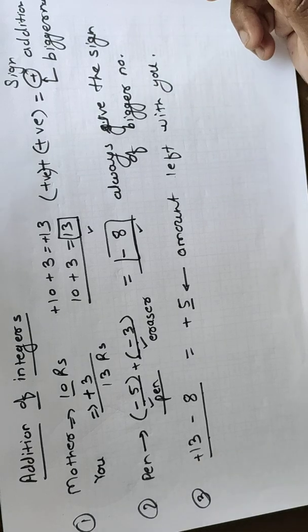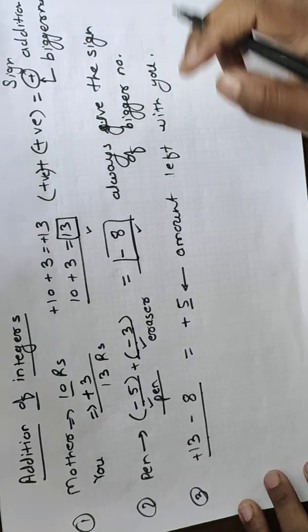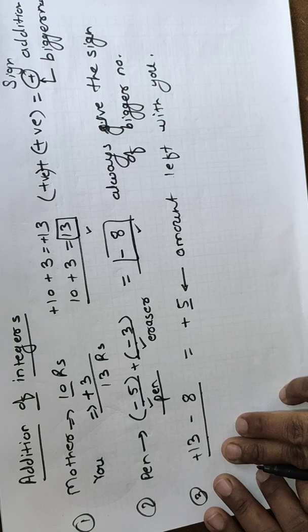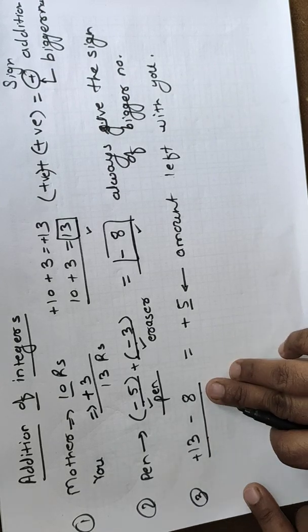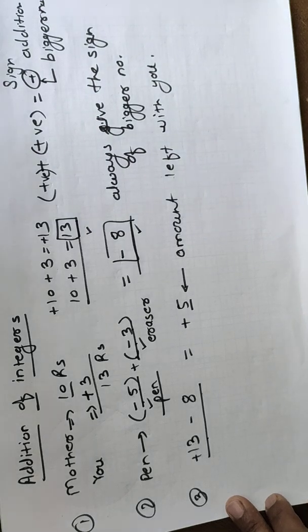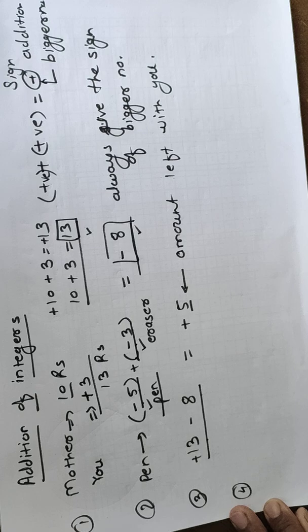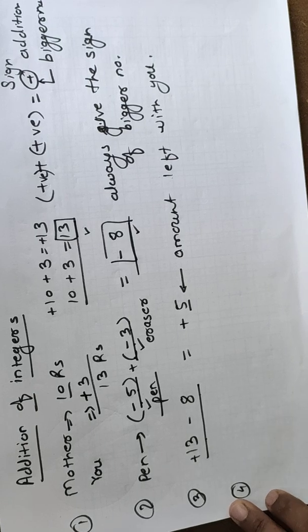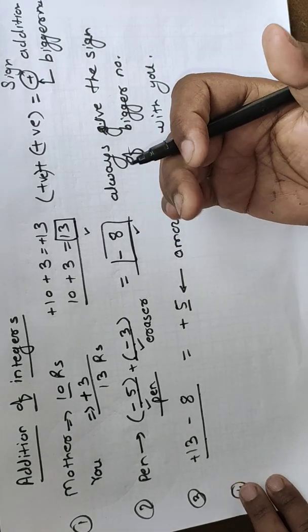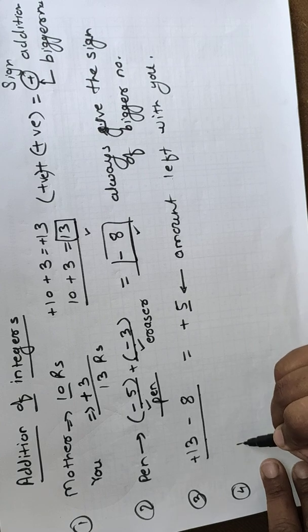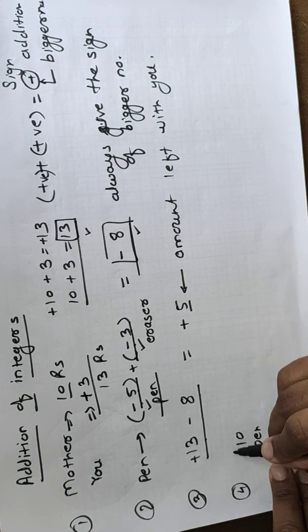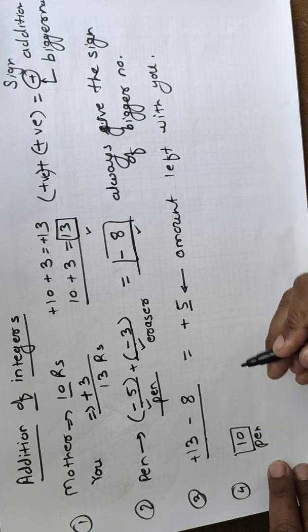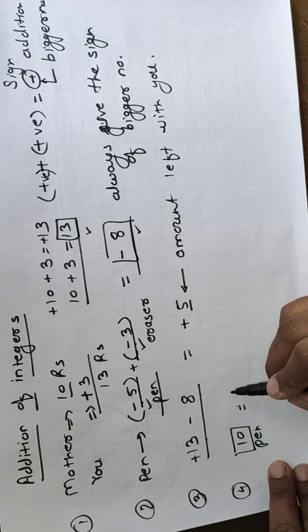Okay, now next, suppose this is what we had done. We did the addition of the integers, but here the bigger number is plus and the smaller number is -8. Then sometimes what happens? Suppose you took a pen of 10 rupees and you have only 8 rupees.